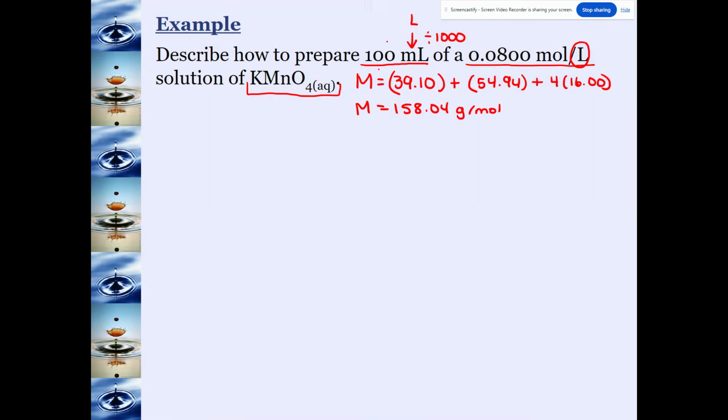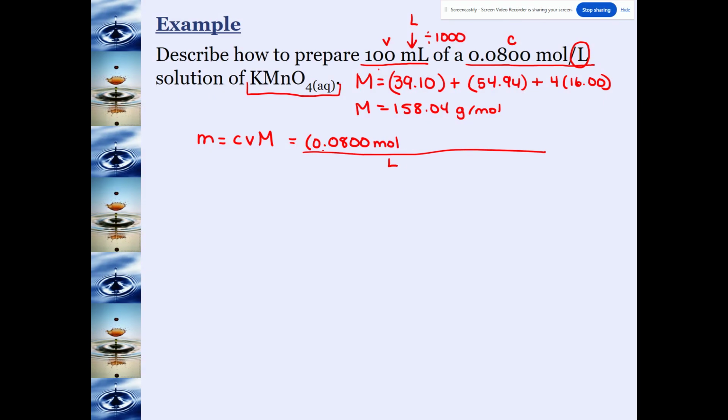Okay, so this was our volume again when I divide by 1,000. This is my concentration. So now again, if I do my calculation in one step, concentration times volume times molar mass, I will have my concentration of 0.0800 moles per liter. So it's mole over liter.